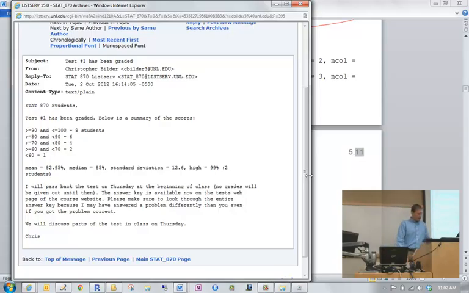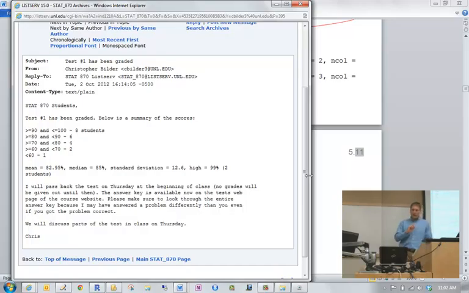If you're not satisfied with your grade, please remember this is only 25% of your overall grade, so there's still a lot of the course grade that's out there for you to get. Generally speaking, one core test is not going to cause you to do very poorly in this class.